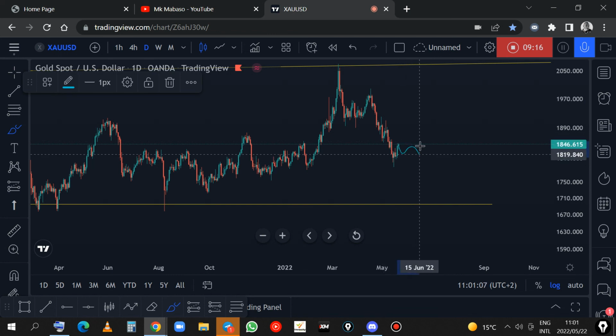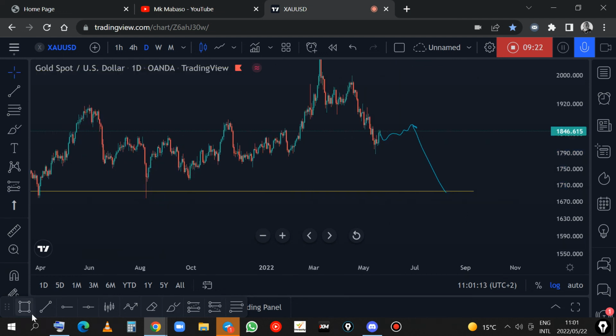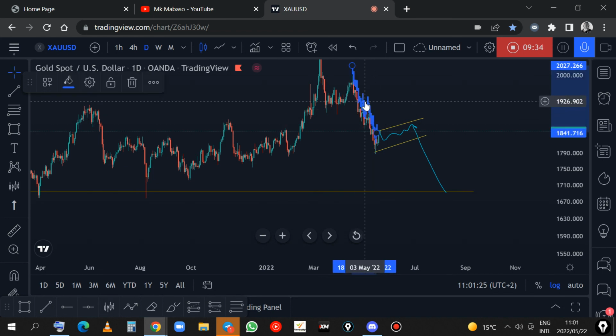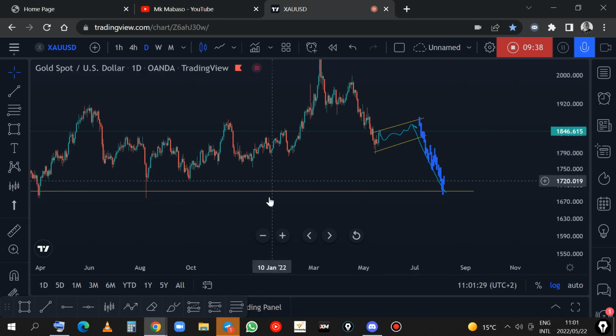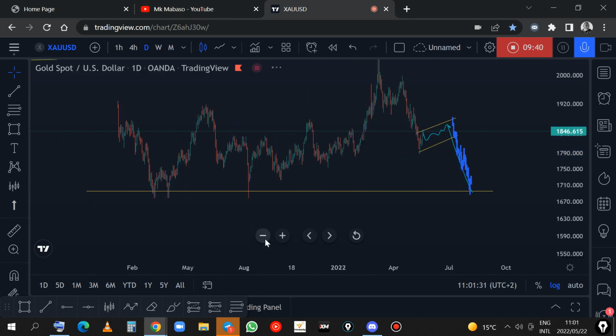So should we have something like this, we know that we have a chance that price is going to break that, give us a bear flag, and then we continue going down like that. Let me just make a copy of the price there. So you see that. So that will be what I'll be expecting on gold.